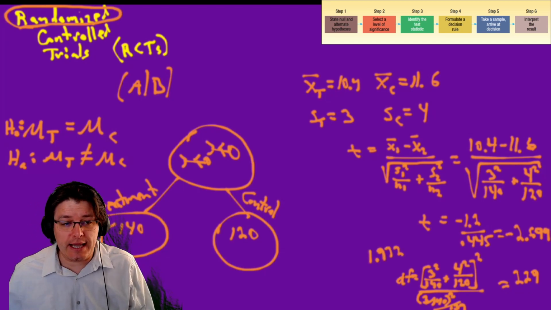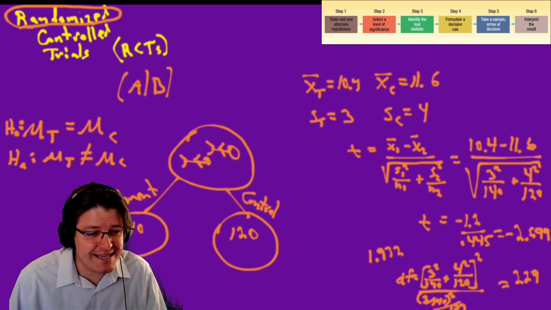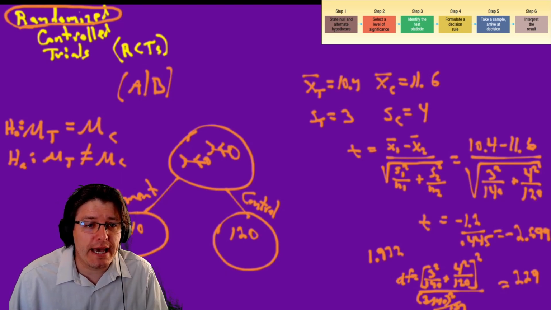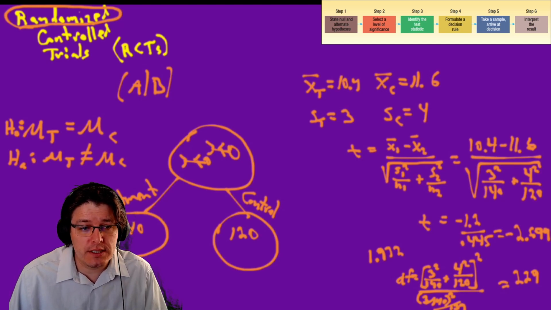And so, in any case, we have found enough evidence to reject this null. Okay, and so we would then say, we have reason to believe that the two mu's are not equal. We think that this treatment may be effective in lowering the time spent in the hospital.